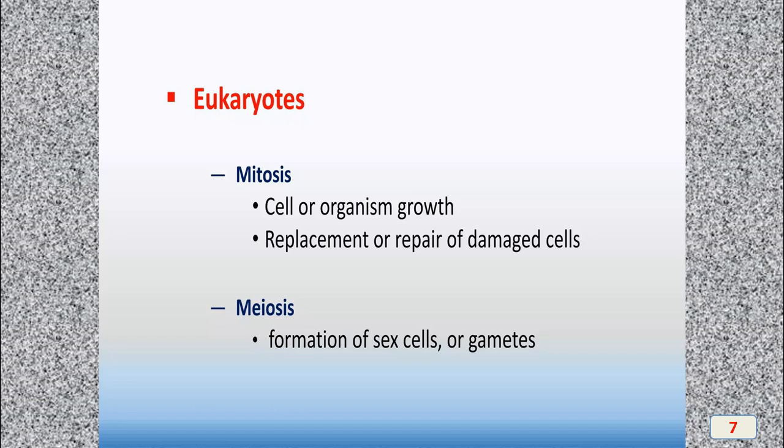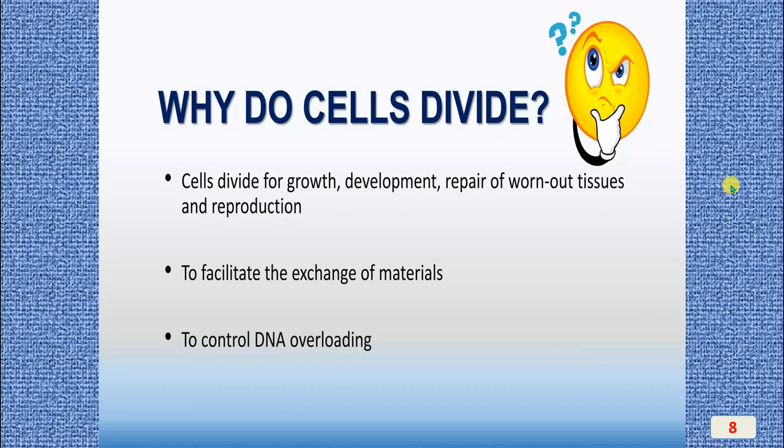The cell or the organism will grow by this method, and there will be replacement or repair of the damaged cells. Whereas meiosis is the formation of sex cells or gamete cells.